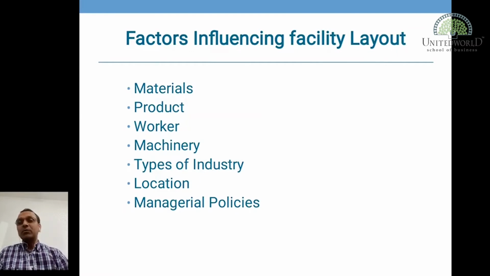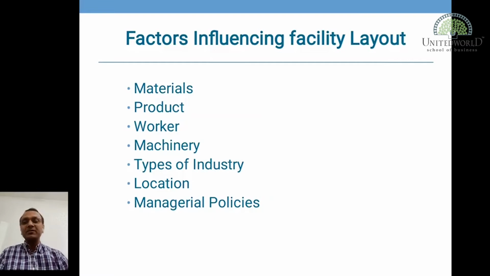Then coming to the managerial policies. Obviously, the managerial policies are significantly important to influence a plant layout, because the volume of product depends upon the volume of production and provision for expansion. The extent of automation, making or buying a particular component, purchasing policy, personnel policies.